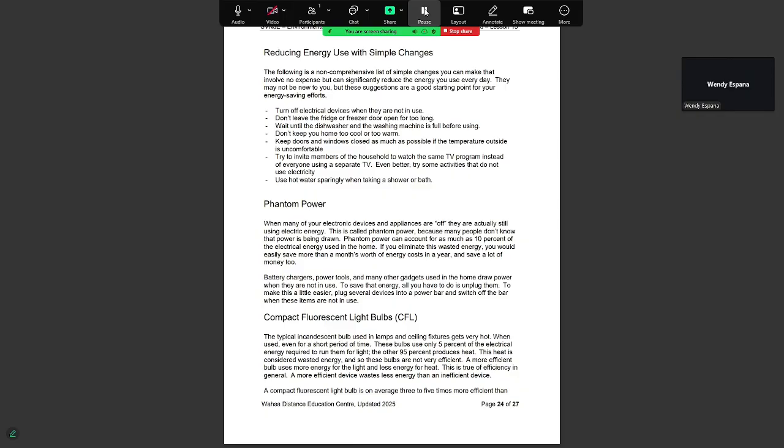Okay, some other sources of power that you might not be sure of. Phantom power. When many of your electric devices and appliances are off, they're actually still using electric power. So if something's plugged in but not being used, for instance, a computer, the fan in the computer will go on.